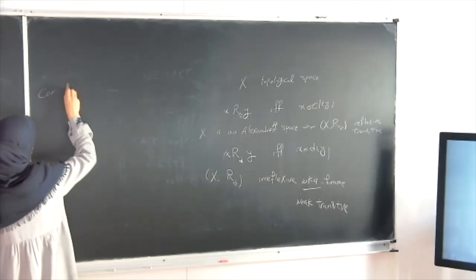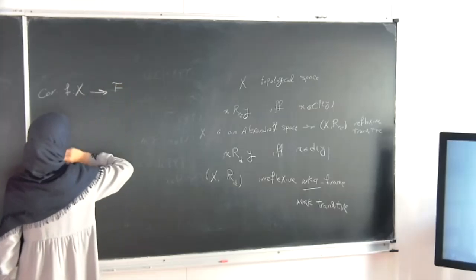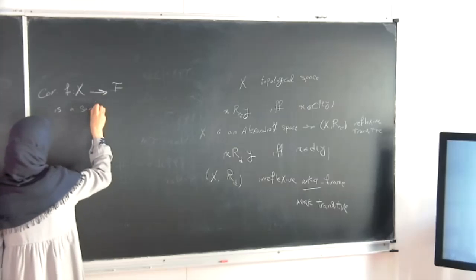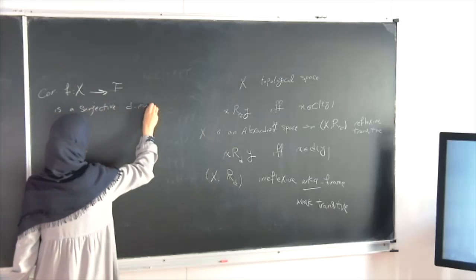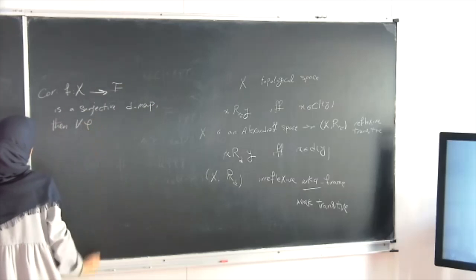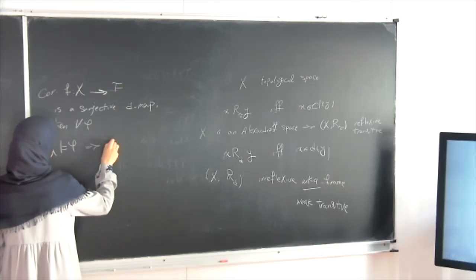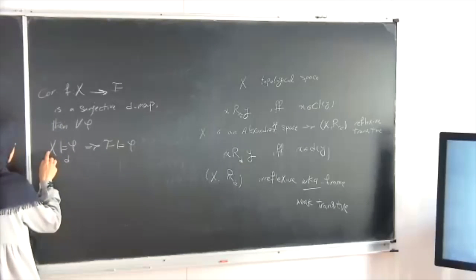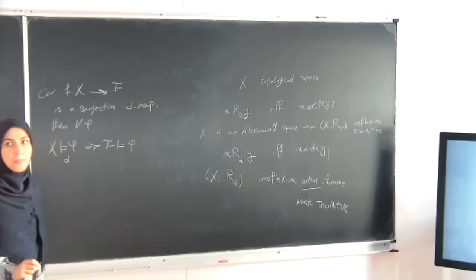If f from X to F is a surjective d-map, then for any formula phi, if phi is d-valid on X, then phi is valid on F as a Kripke frame.